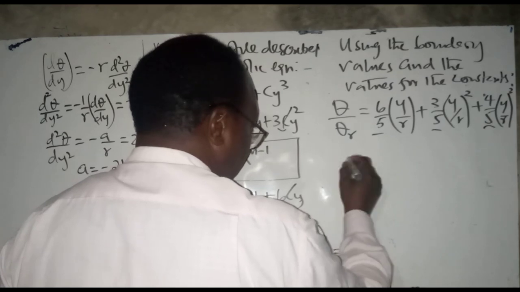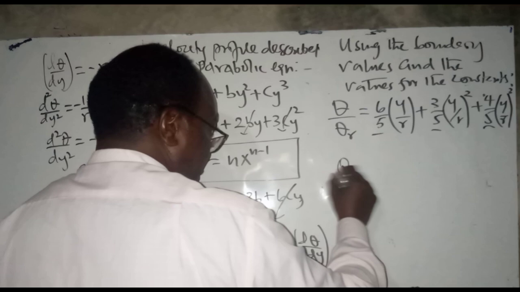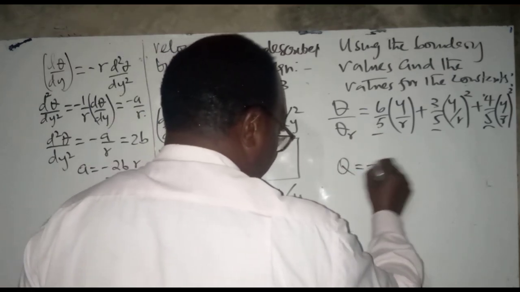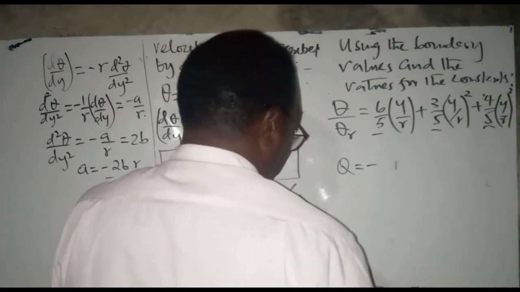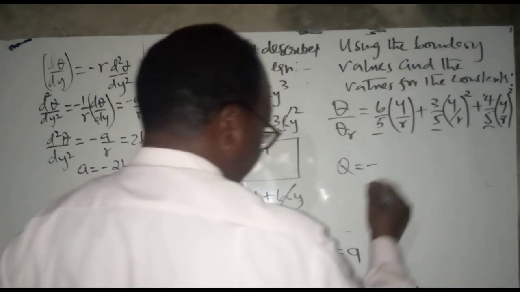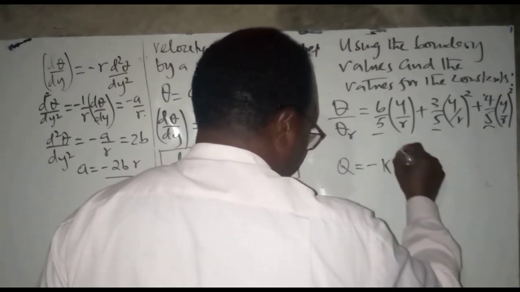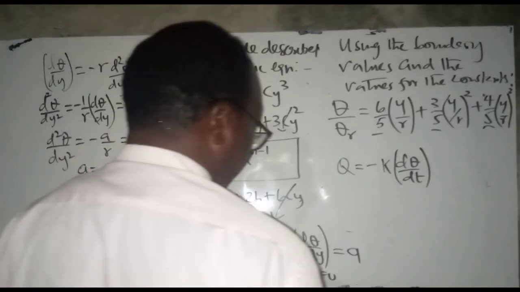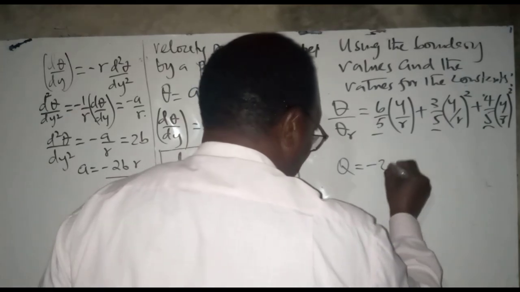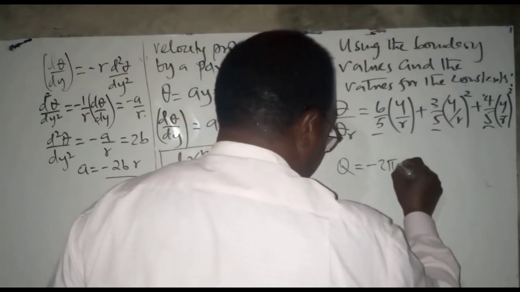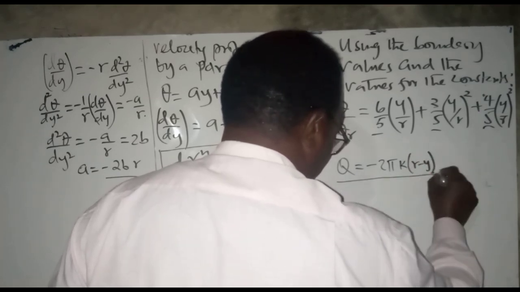our equation Q, remember Q was minus K d theta by dt, forgetting 2 pi K, remember, R minus Y, that's what we had initially.